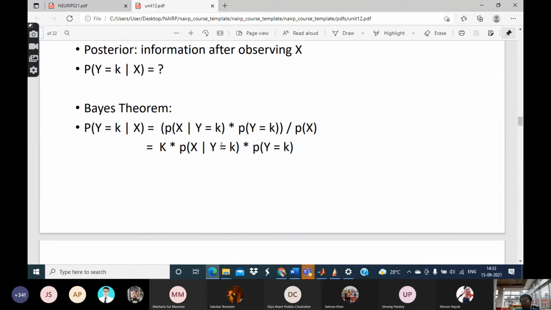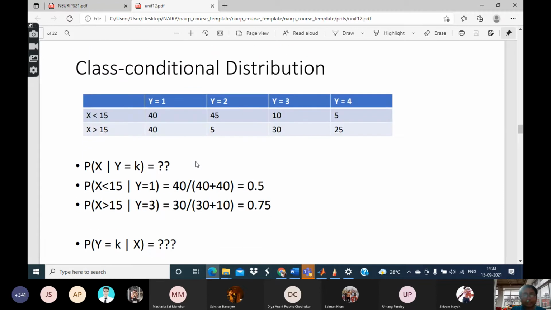For a given class label, how do I construct a distribution over the feature space? Let us start simply. Let us just assume that there is only one feature x, which takes some values in the range maybe 0 to 30 or something like that.